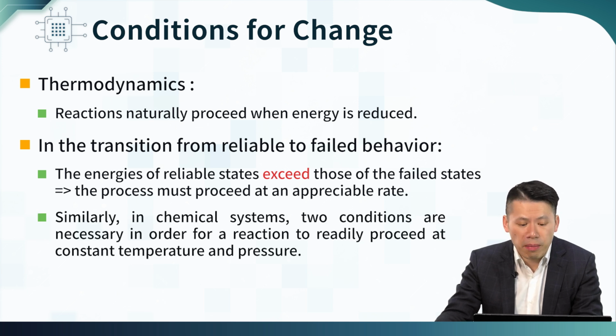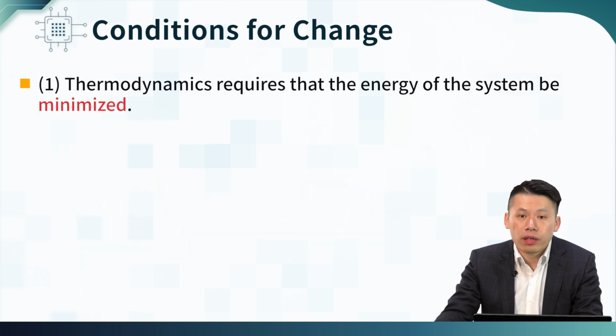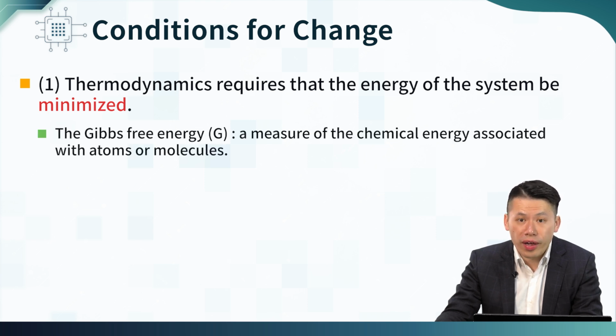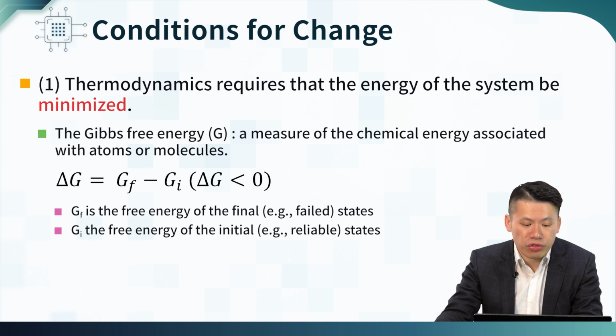Similarly, in a chemical system, two conditions are necessary for a reaction to readily proceed at constant temperature and pressure. The first concept is that thermodynamics requires the energy of the system to be minimized. We can refer to this with the concept of Gibbs free energy. The Gibbs free energy is a measure of the chemical energy associated with atoms or molecules, and the expression is shown here.